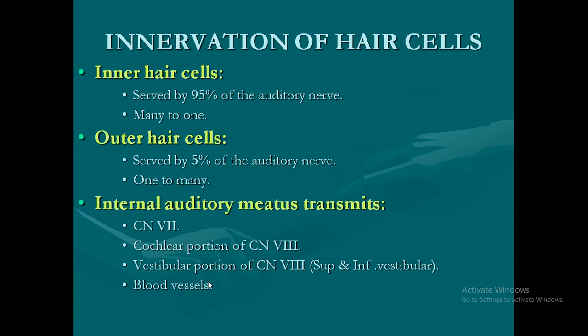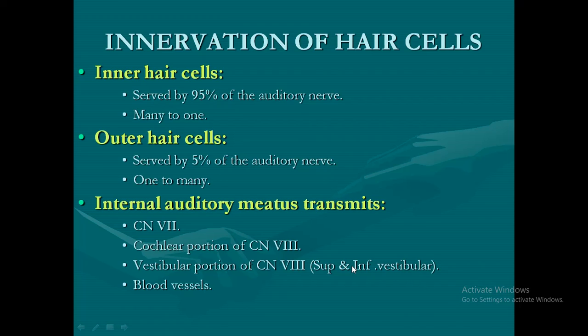So the 7th nerve is occupying the superior half of the internal auditory meatus, and the cochlear nerve lies in the inferior. The facial nerve is superior, because it's 7 up, 7 is the facial nerve, and coke is down, the cochlear nerve is in the inferior portion. And then the vestibular nerve is further divided into 2 portions, the superior and the inferior.